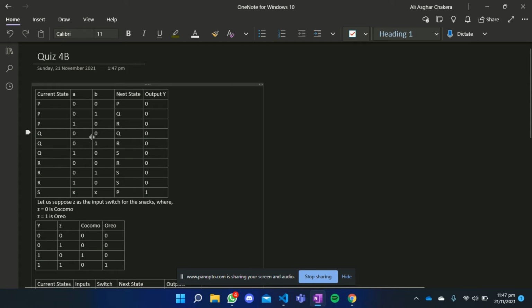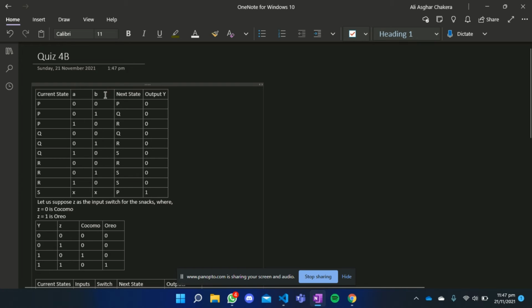Here is the state transition table, where P, Q, R and S are the states respectively, and we can see that when the current state is not S, which was the 15 or greater than 15 rupees state, the input that was for the Kokomo or Oreo is irrelevant.